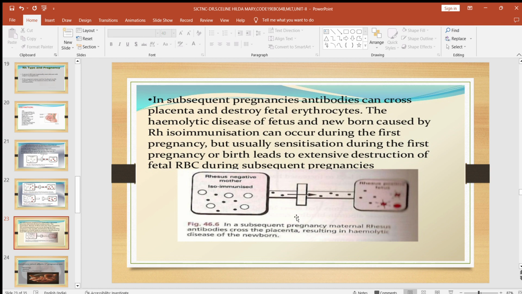In a subsequent pregnancy, maternal rhesus antibodies cross the placenta, resulting in hemolytic disease of the newborn.